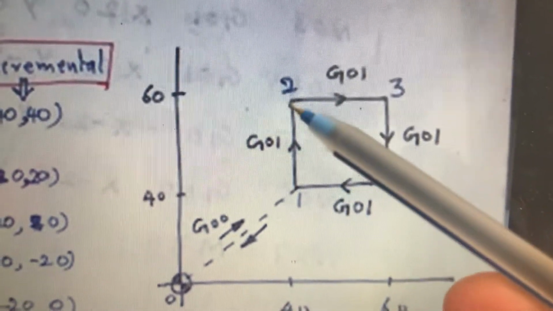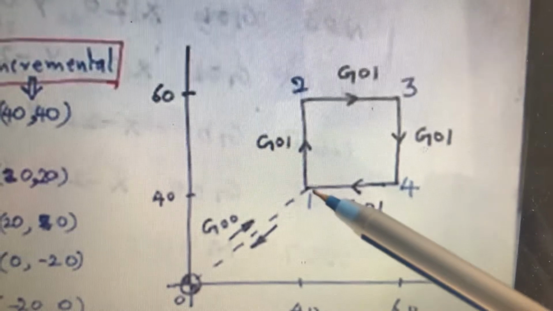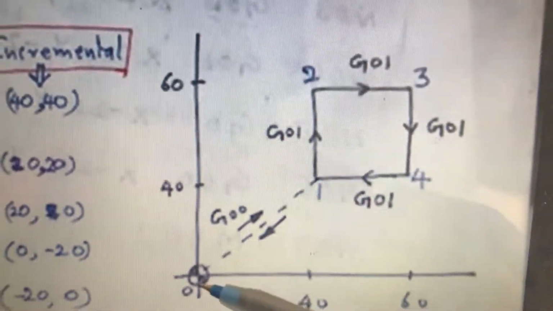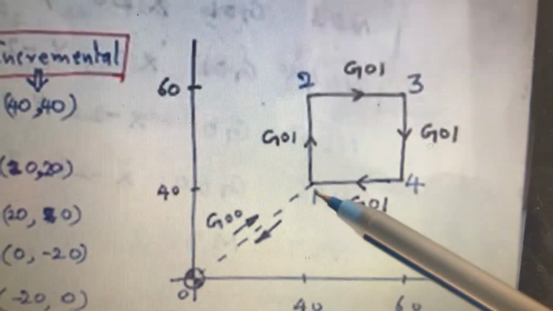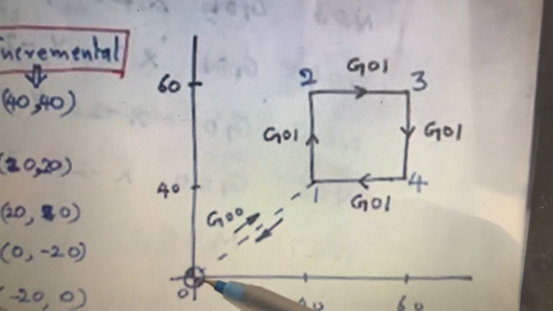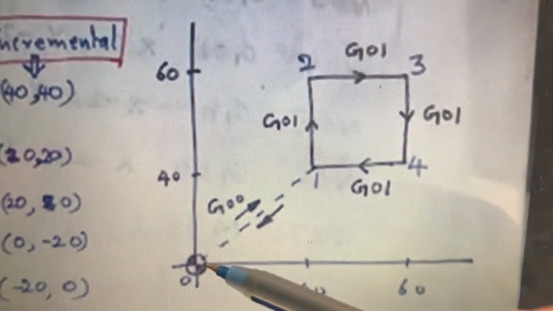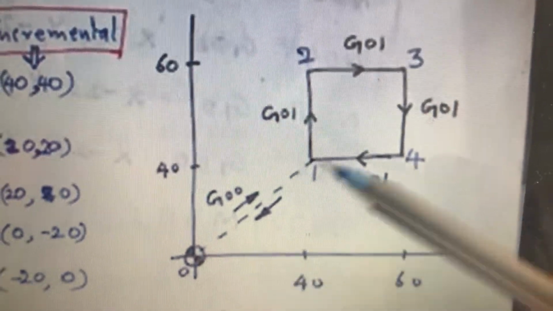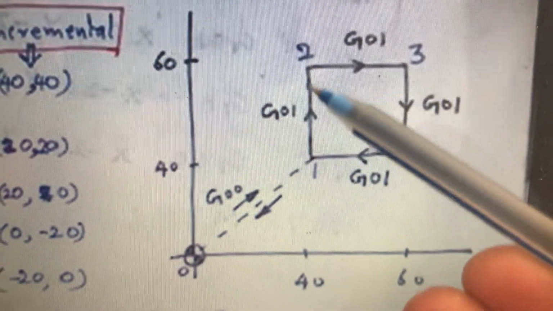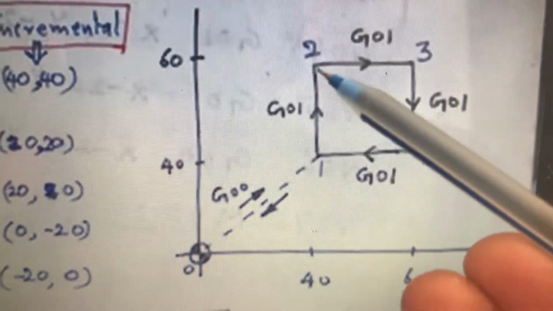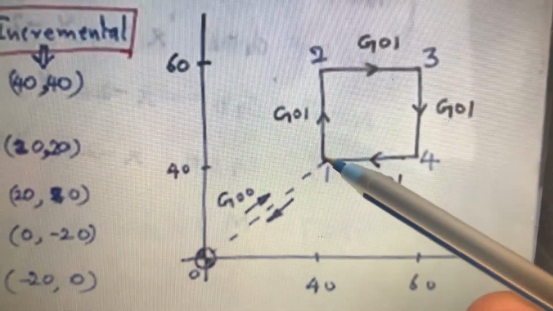So for point 2, point 1 becomes the origin, not 0 0. For point 1, the previous point is only the origin, so for point 1 we measure x and y from 0 0. But for point 2, the previous point is point 1.